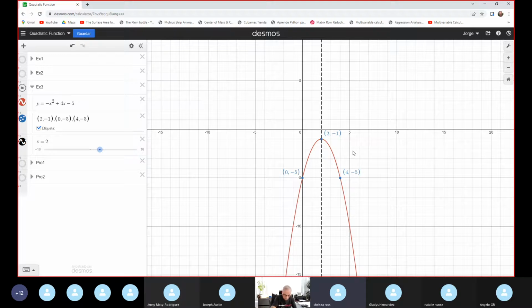The application is super easy. What is important? The application in the quadratic. Well, the application is important because sometimes you have a word problem.